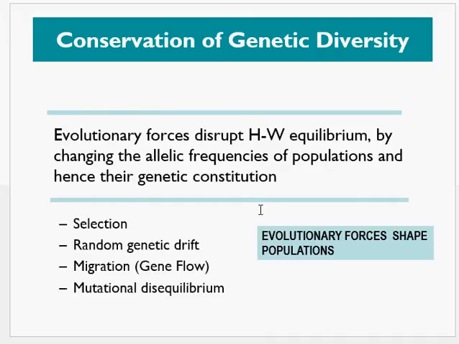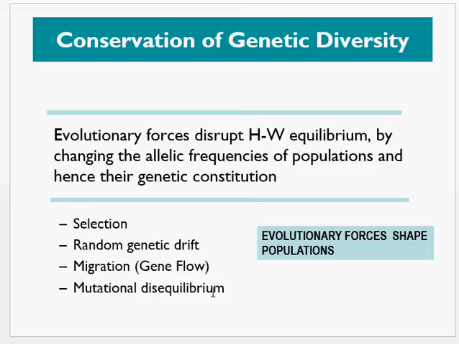And some of the processes which change the genetic composition and diversity of populations are selection, random genetic drift is another one, migration or gene flow between populations is another one, and finally mutational disequilibrium.